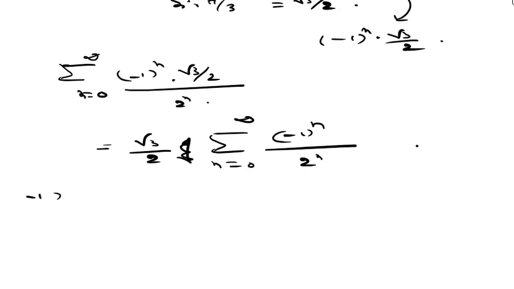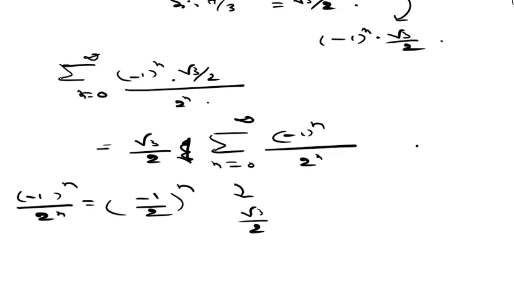Minus 1 whole to the power n by 2 to the power n is equal to what? Minus 1 by 2 whole to the power n. So the series becomes what? Root 3 by 2 into the summation of n equals 0 to infinity of minus 1 by 2 whole to the power n. Now we clearly see a geometric series.